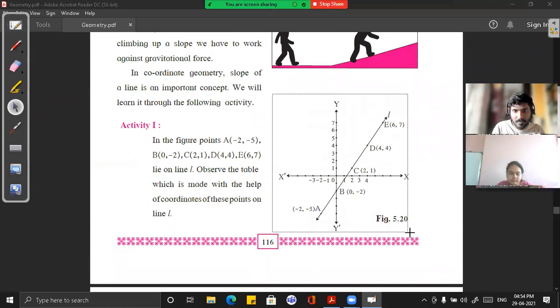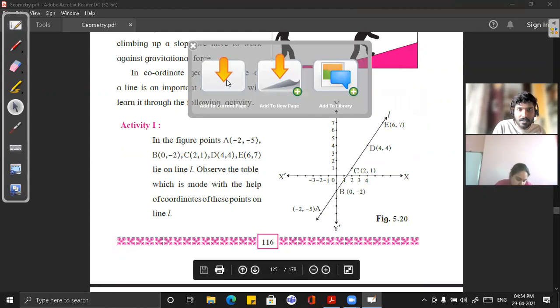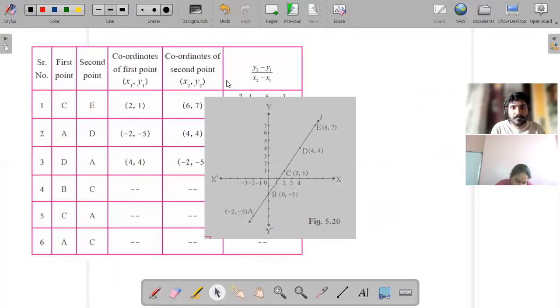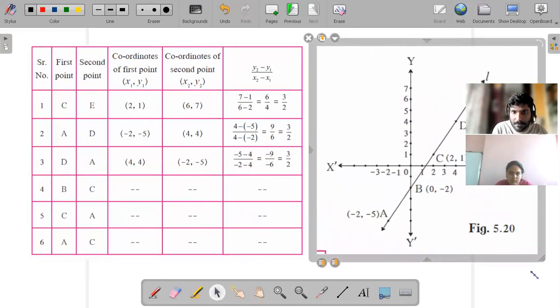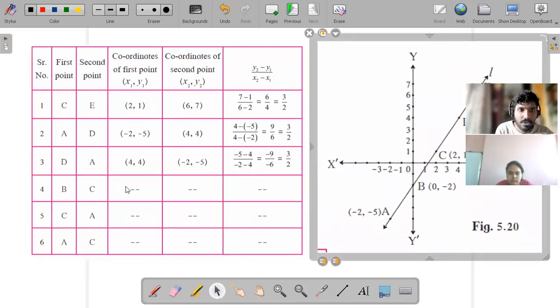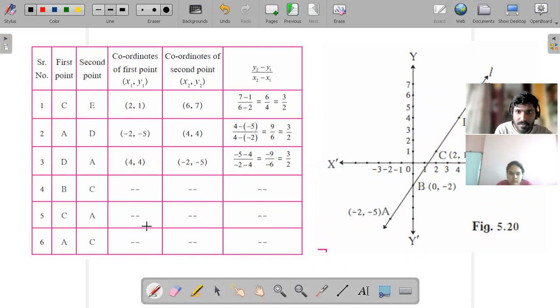3/2. Just copy this. Now you can just look at the screen and tell me the answers. The answer for the fourth one is 3/2.